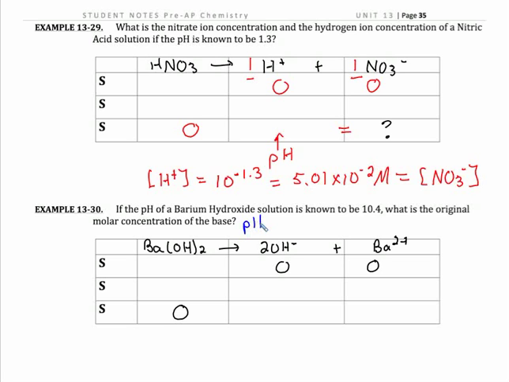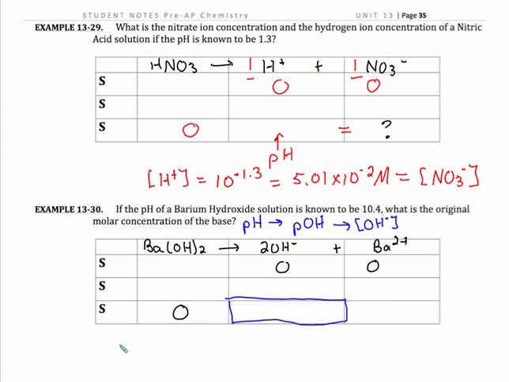So what we need to do is go from pH to pOH, and then I can go to my OH minus concentration. And that is going to be my step into my problem solving grid.